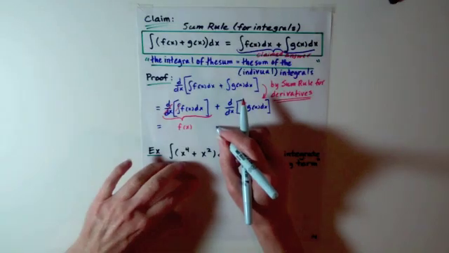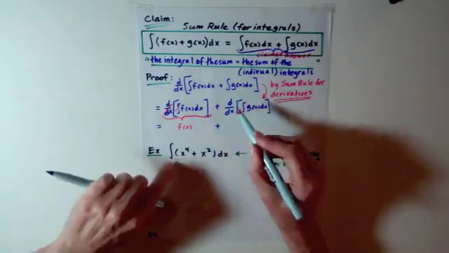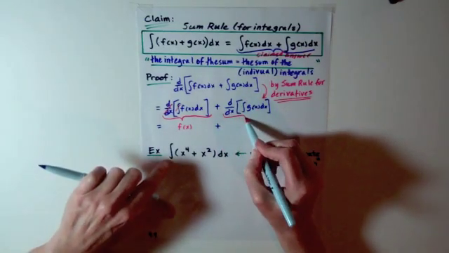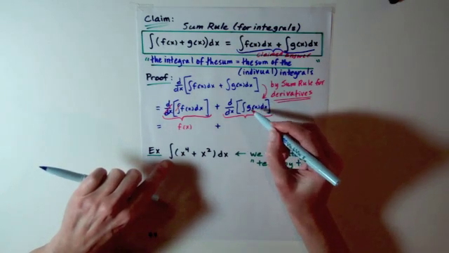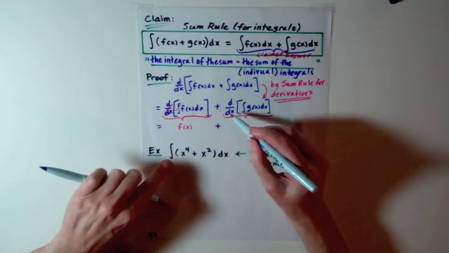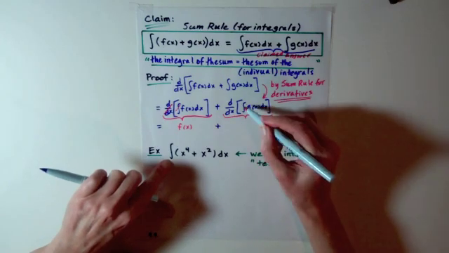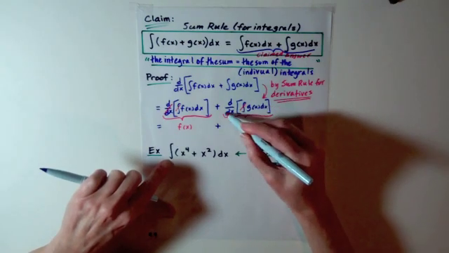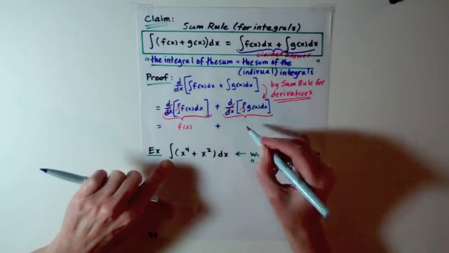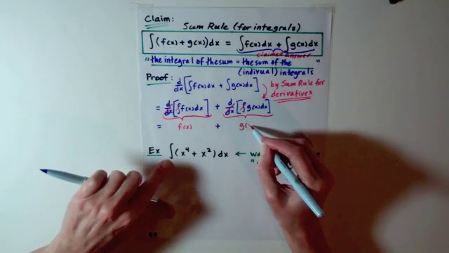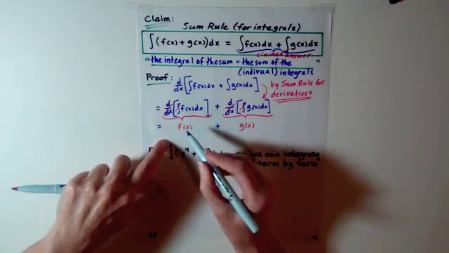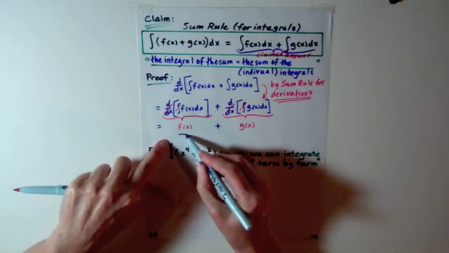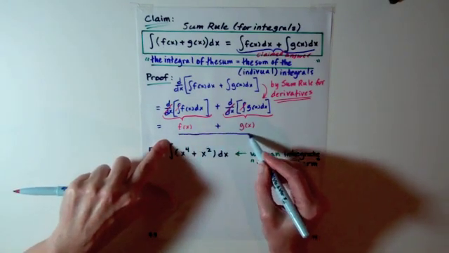Well, I have a plus sign between these two things, but what about this? What would that simplify to become? I have g of x, I'm integrating it, then differentiating it. By exactly the same argument, these two things undo each other, and I'm left with simply g of x. And so I end up with f of x plus g of x as a final answer.